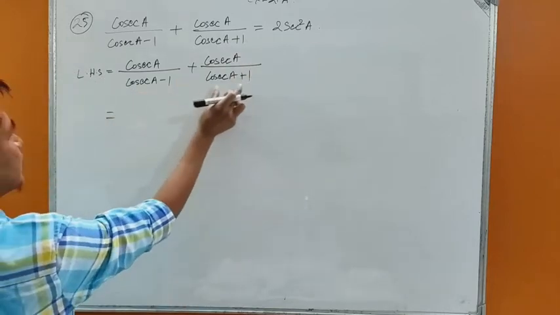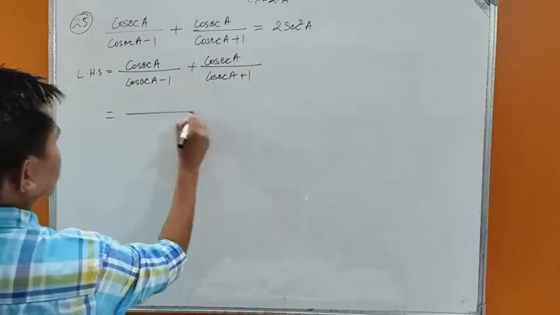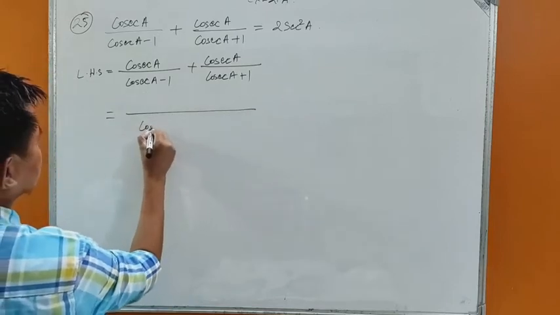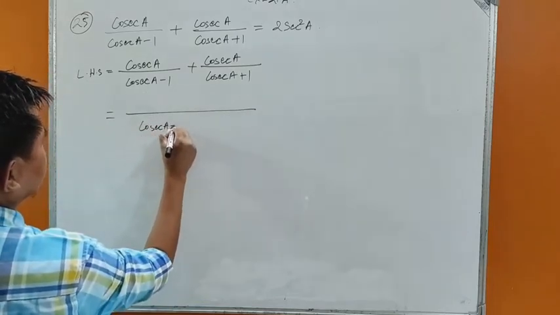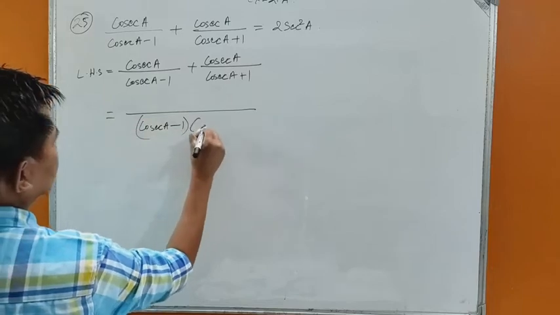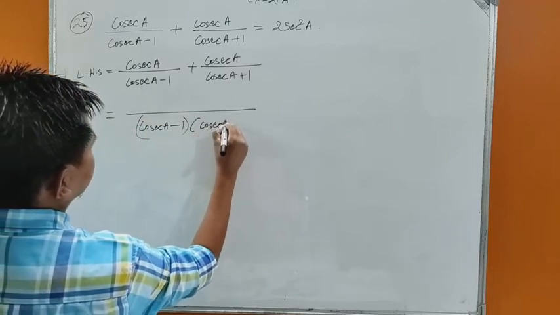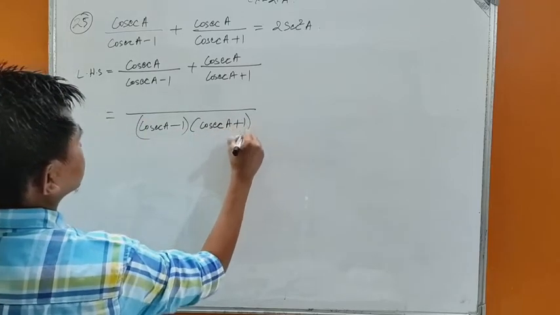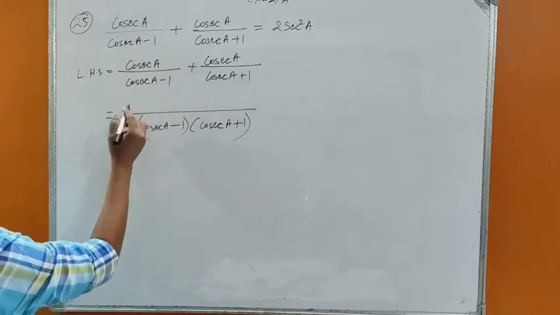Now let's take the LCM of these two denominators. LCM will be cosec A minus 1 into cosec A plus 1.